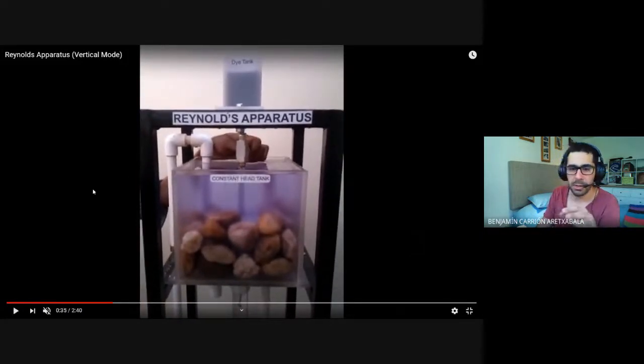Remember when we talked about Bernoulli, you have the velocity head, the position head, and the pressure head. The total energy is expressed as a head because it can be expressed as a unit of length, a height. When we talk about energy in fluids, we normally talk about meters, so that's why we use the term head.